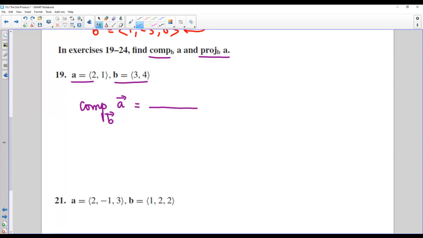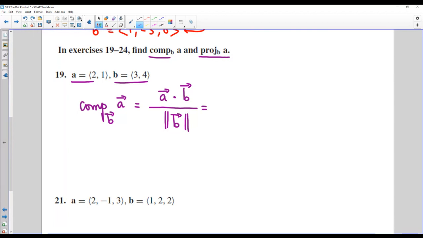It's basically the dot product of A and B divided by the magnitude of B. Very good. So that is basically the component of A in the direction of the vector B.